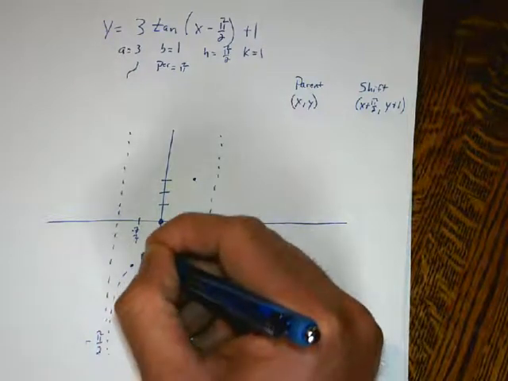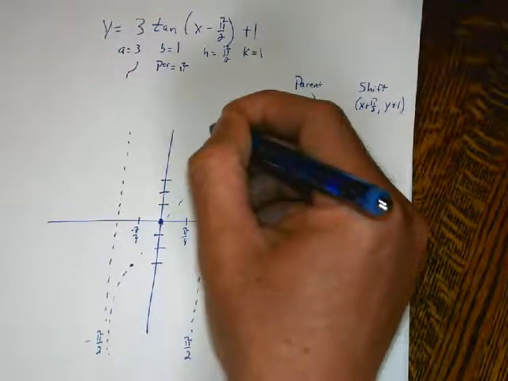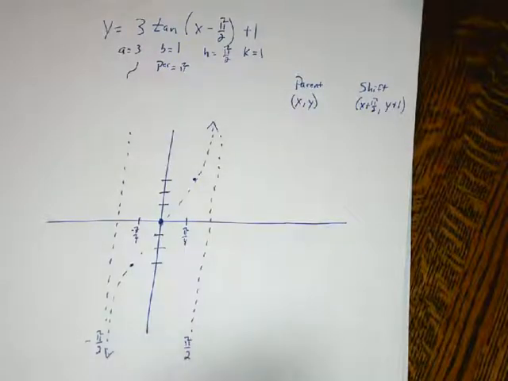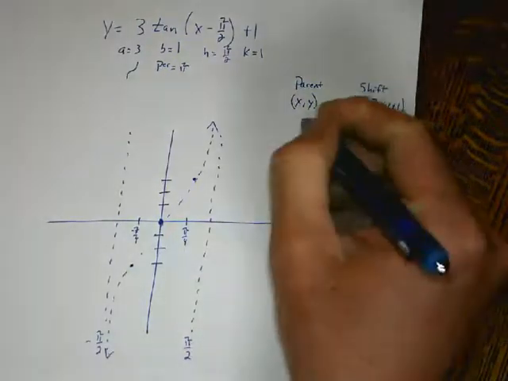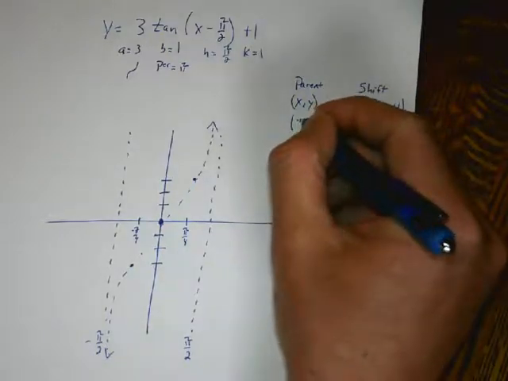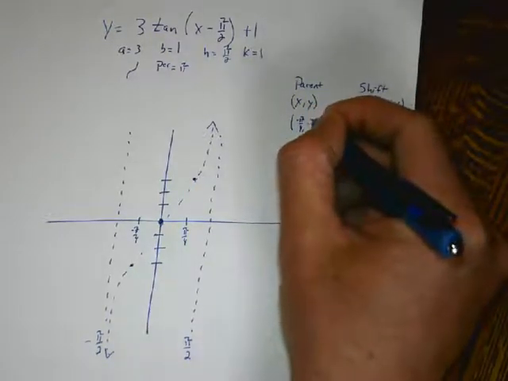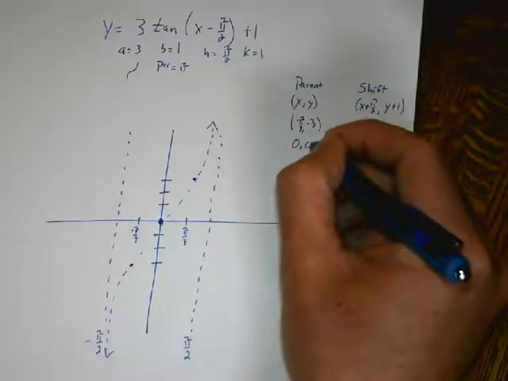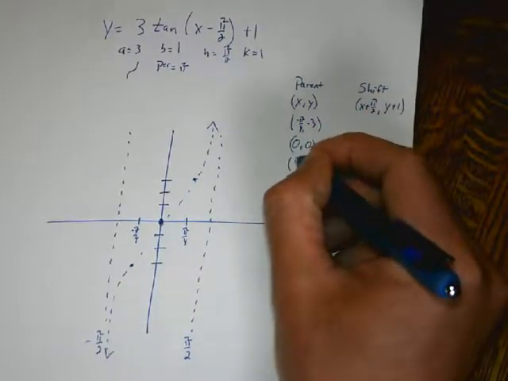Draw your asymptotes. Like so. Ordered pairs, go from left to right always. It's much easier this way. Negative pi over 4, negative 3, 0, 0, and pi over 4, positive 3.